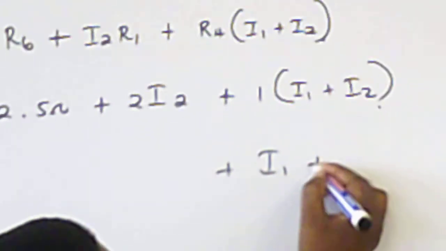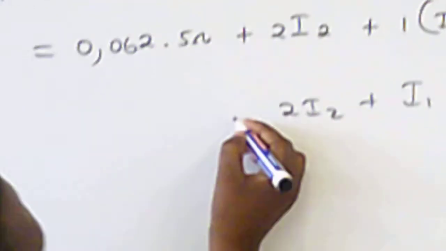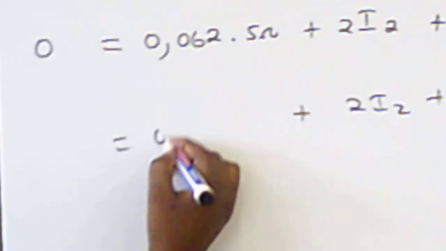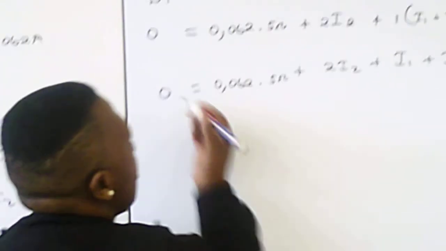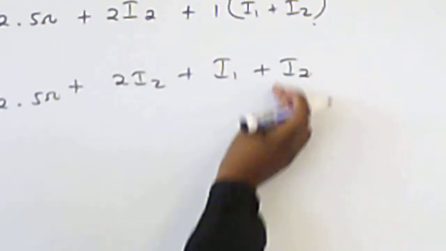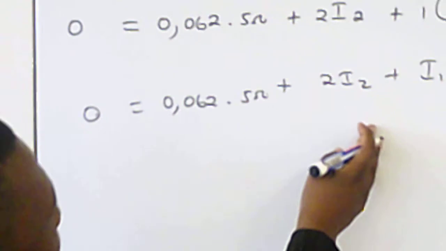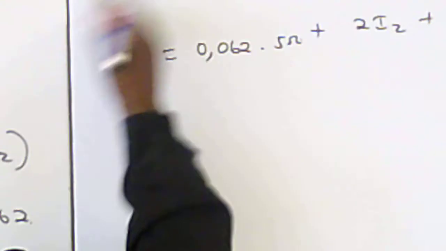So here if I have to remove the bracket, it's I1 plus I2. Here is 2I2. It's plus, you multiply there, it's 0,062 times 5 ohms. It's still 0. Now we are looking for like terms. Once we look for like terms, I2 and I2, 1 plus 2 gives us 3. If you have a constant, you take it to the other side. So it becomes negative.